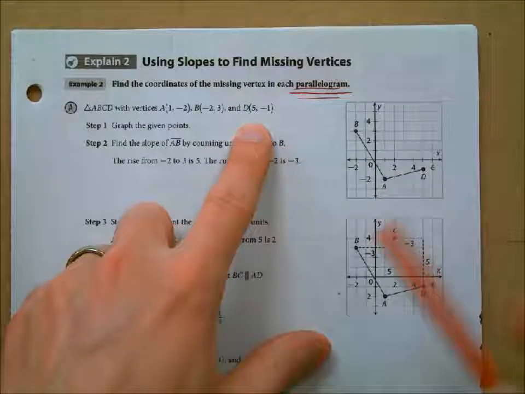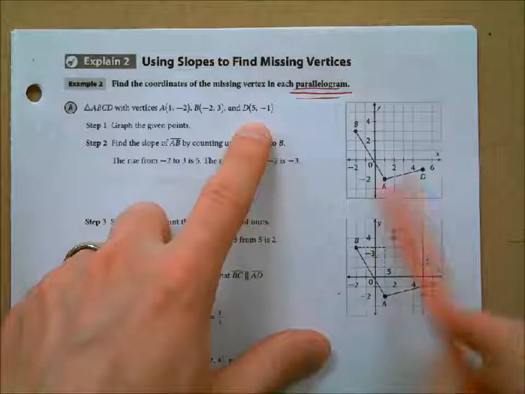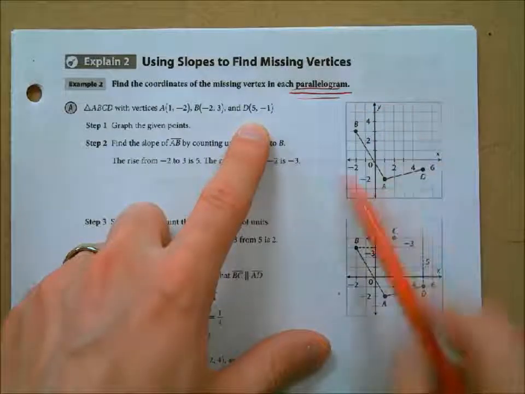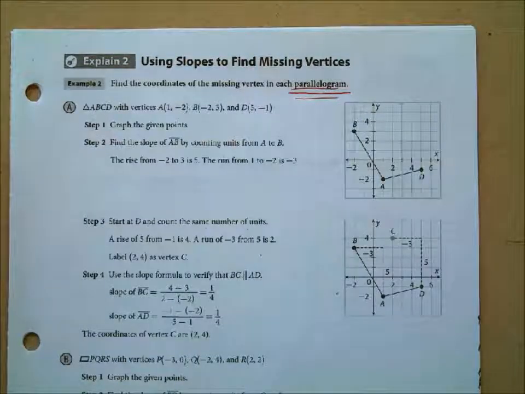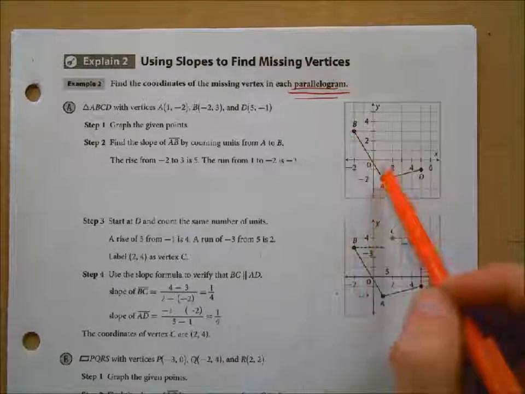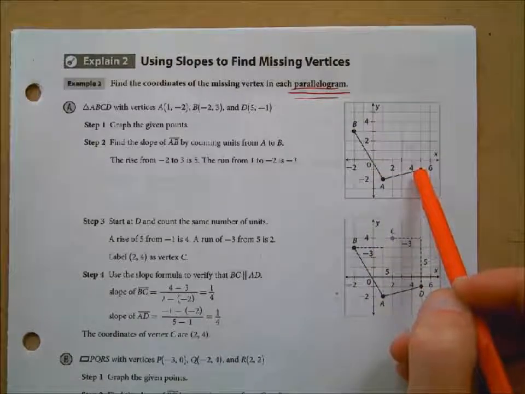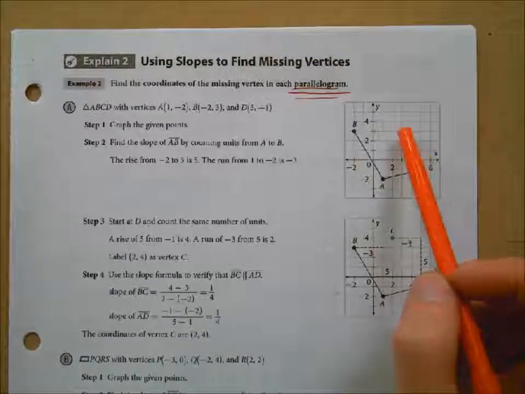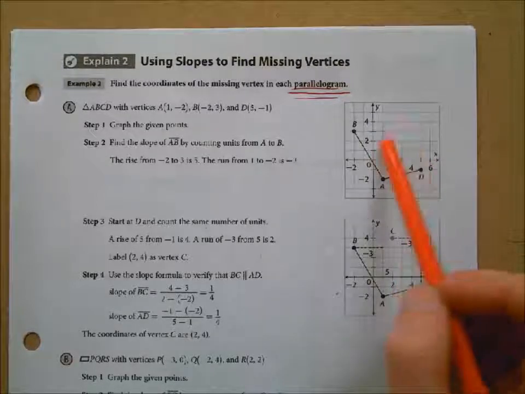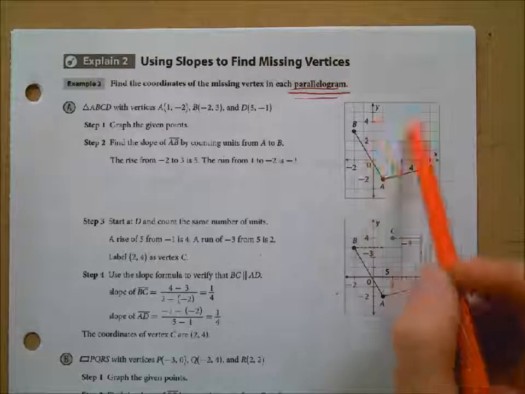They already gave us the points graphed. And so we connect A to B and A to D. Right? A to B, A to D. And so we know that C is going to have to go somewhere up in here.